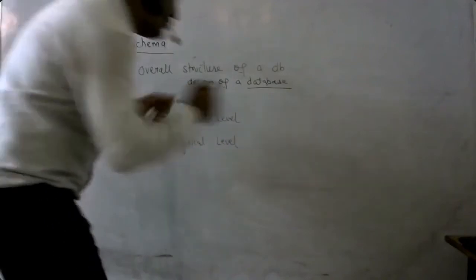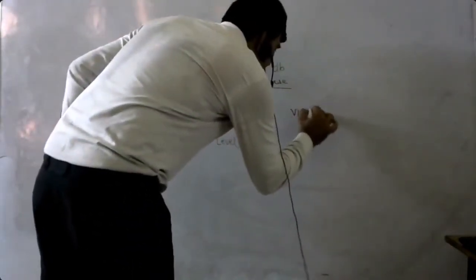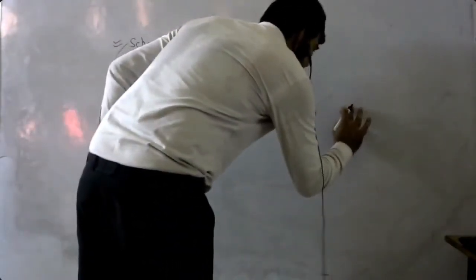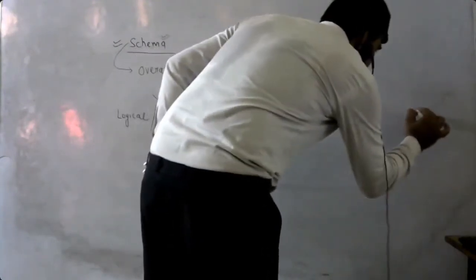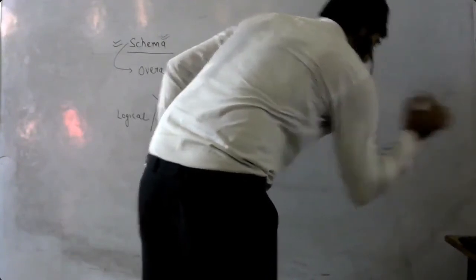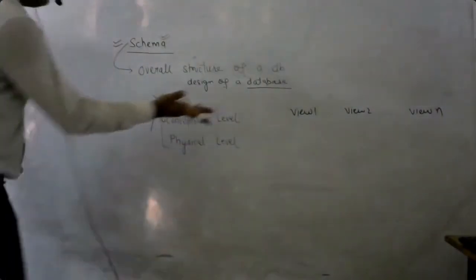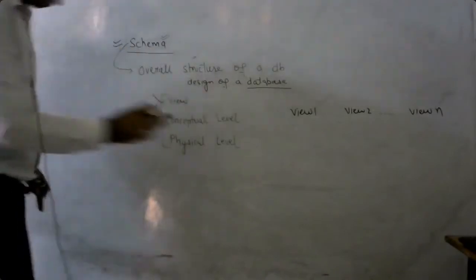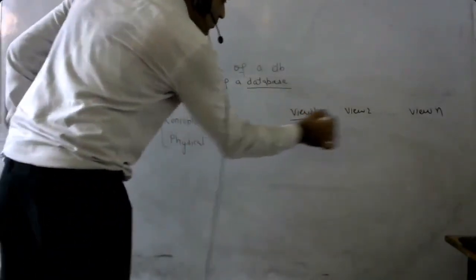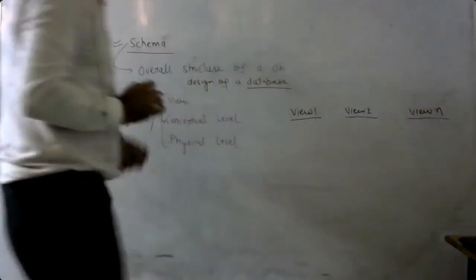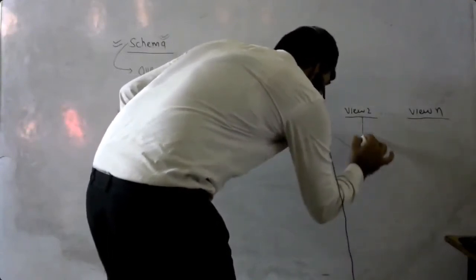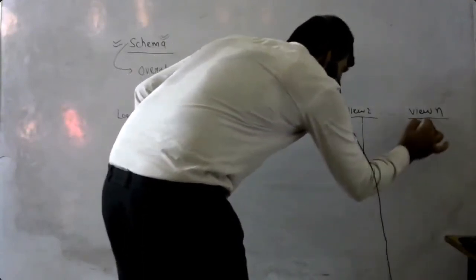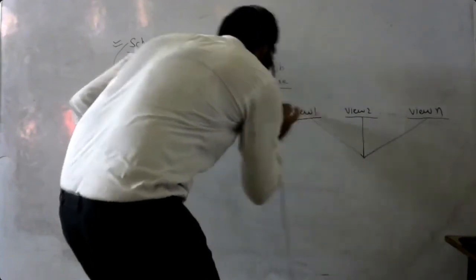For every individual user, view 1, user number 1, view 2, and so on, view n. So at the upper level, that is the view level, every user might have a different view of the database. This is the view of the end user regarding a software.